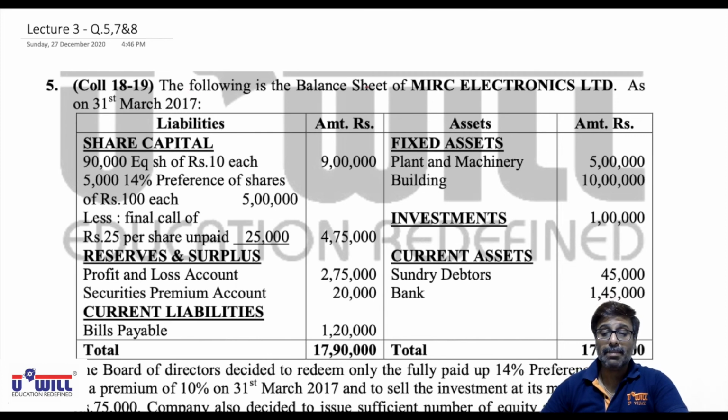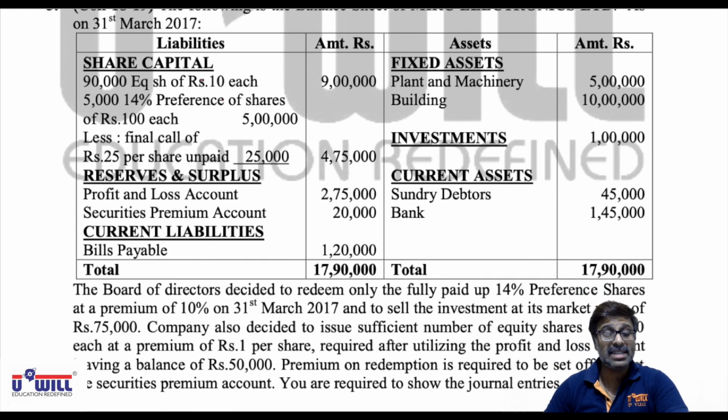The following is the balance sheet of MIRC Electronics Limited as on 31st March 2017. Share capital: 90,000 equity shares of rupees 10 each, 9 lakhs. 5,000 14% preference shares of 100 each, 5 lakh rupees, less final call of rupees 25 per share unpaid.